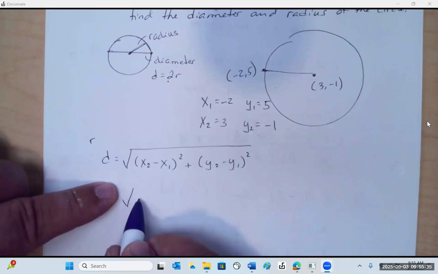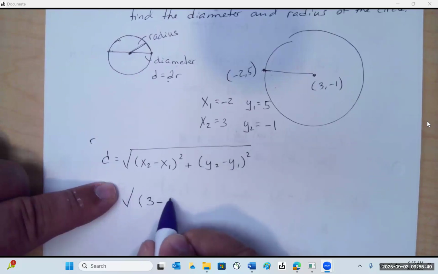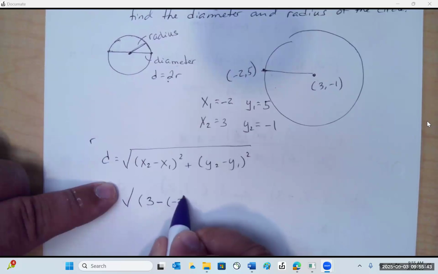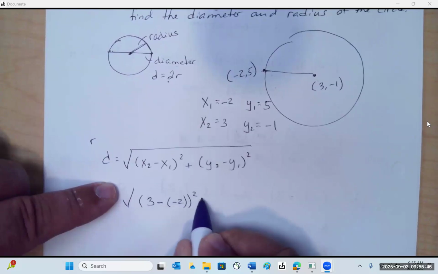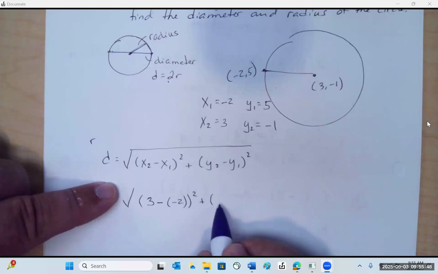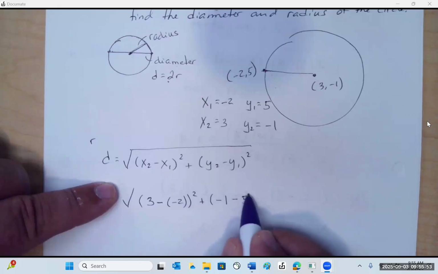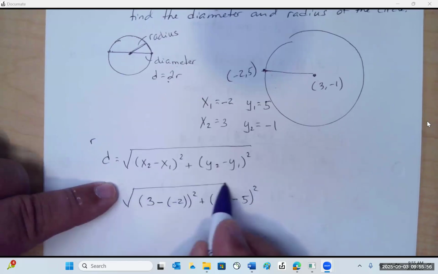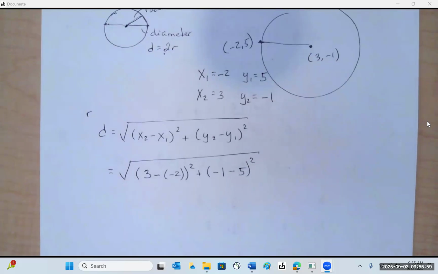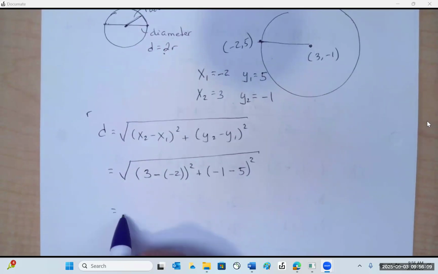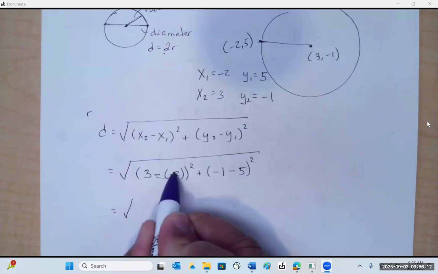X2 is what? 3. Minus x1 is -2. Y2 is -1 minus y1 is 5. So we have negative and negative becomes a positive.